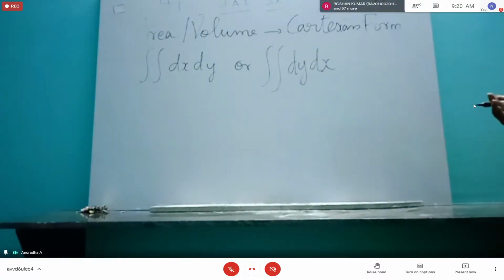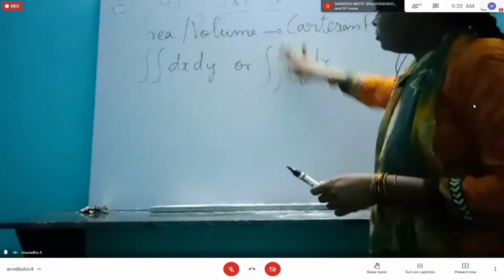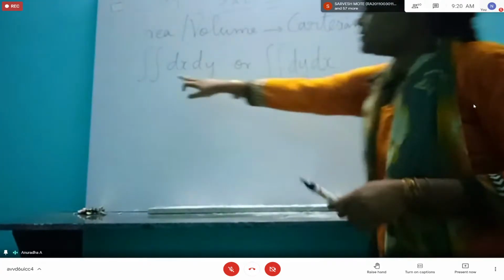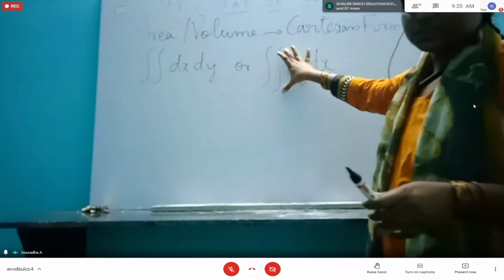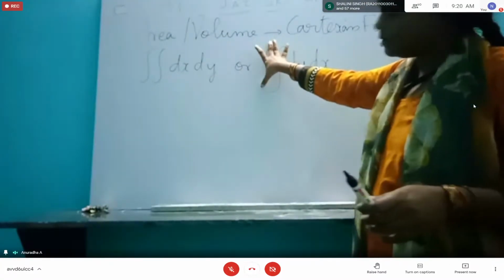Some equations, when represented in y equal to form, are easy to integrate. Some, when we write x equal to form, are easy to integrate. So when writing the y limits or x limits, the inner integral is going to be in terms of equations, and the outer is going to be in terms of numbers.